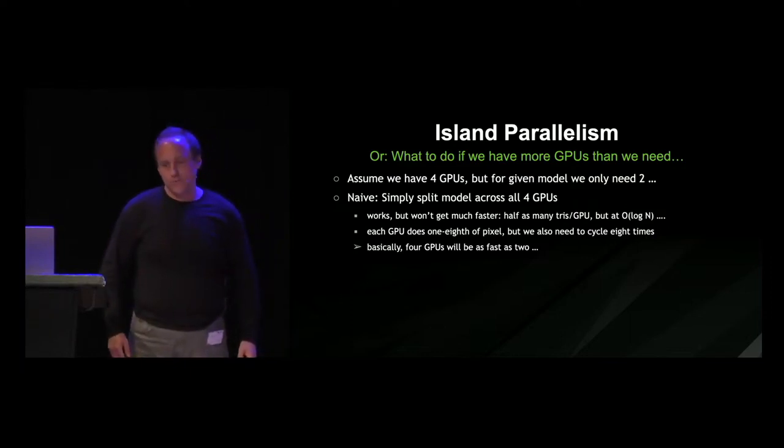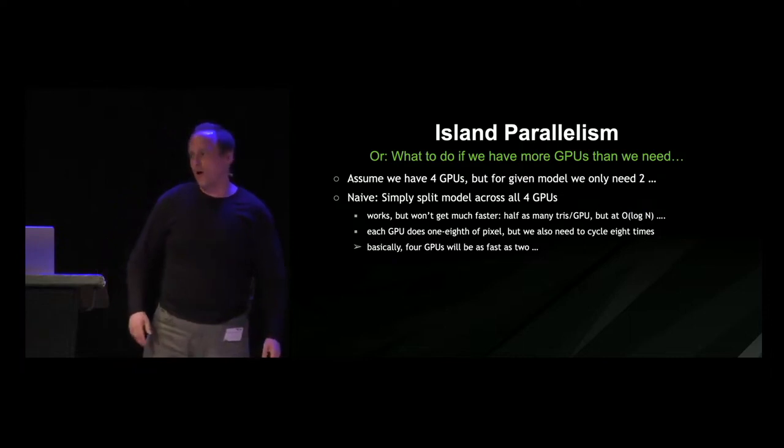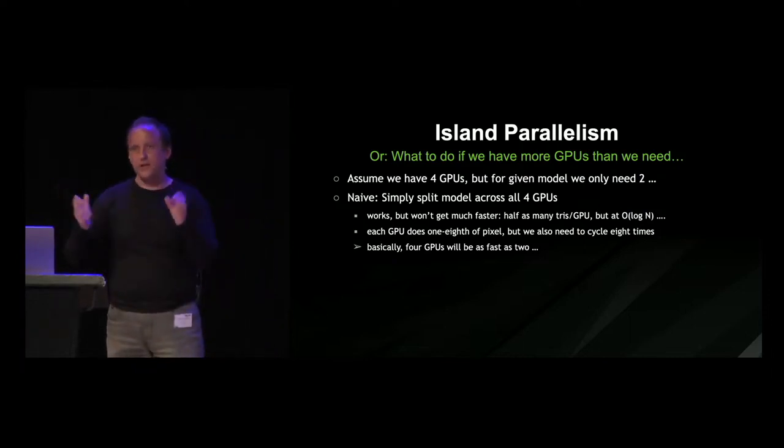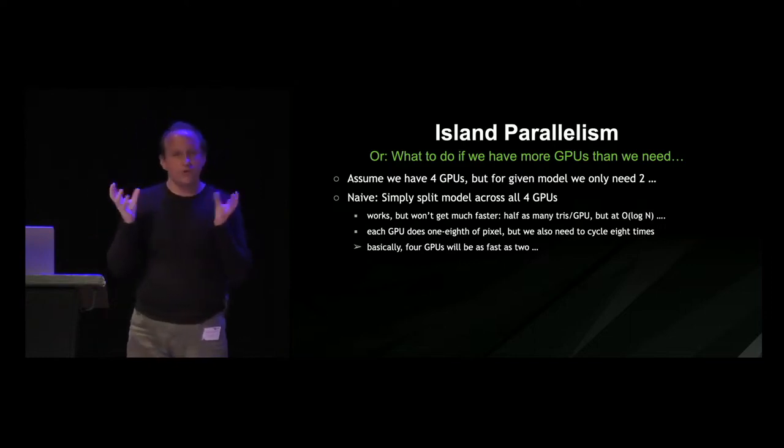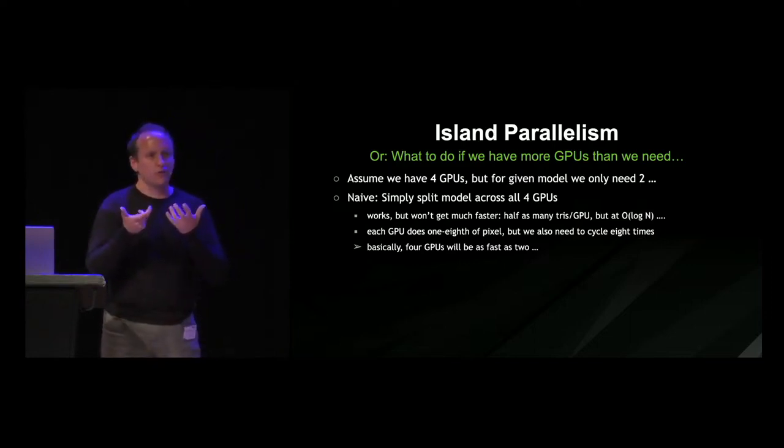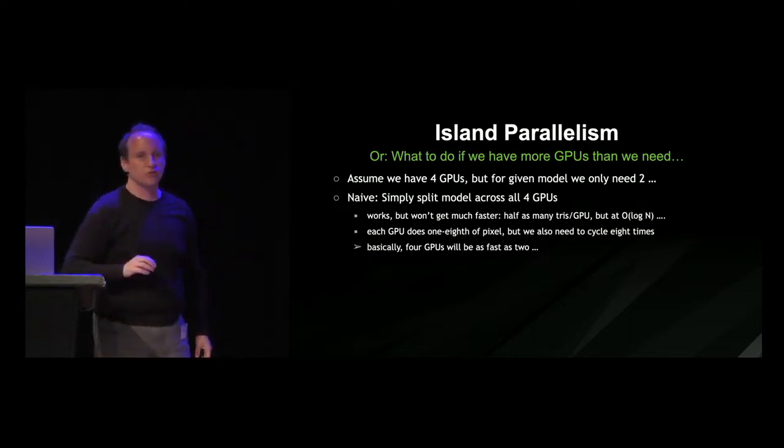That means doubling the geometry doesn't make us twice as slow, but that also means adding more GPUs doesn't make us proportionally faster. So just taking the data and, instead of chopping it into 2 pieces, chopping it into 4, we don't expect that much acceleration, and we don't expect this to scale so well.